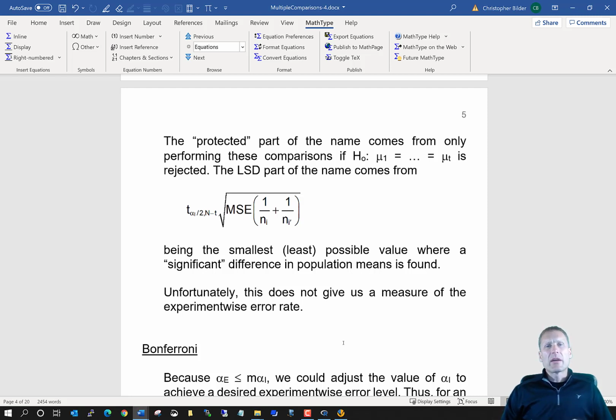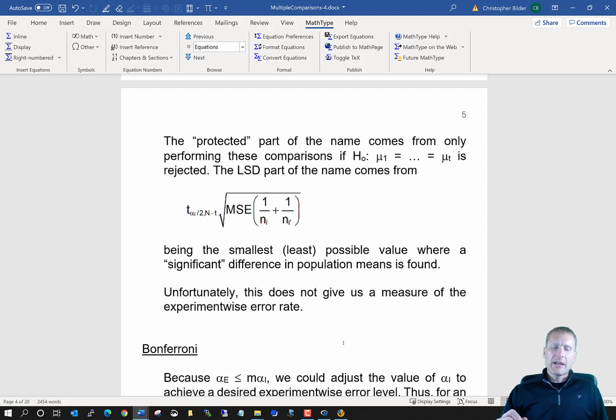So to some respect, we are protecting ourselves against making a possible error. I mean, you could still make it, but you should feel better about yourself by only doing this procedure if the overall hypothesis test of equality of means across all treatments was rejected.